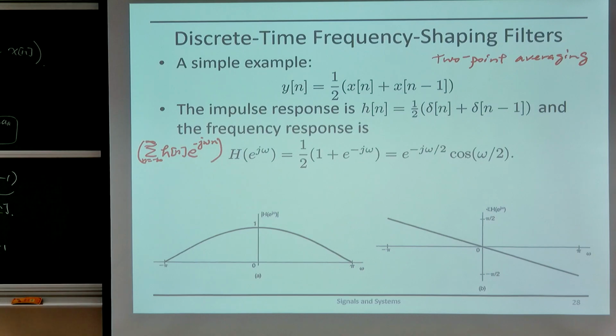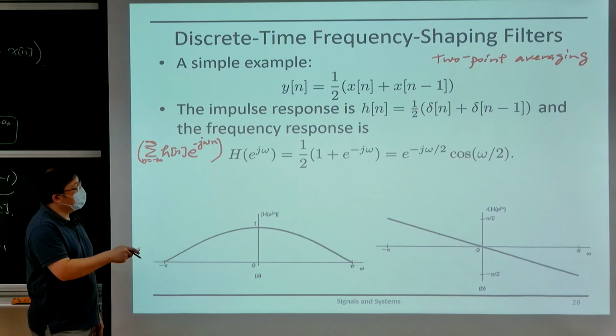So h[n] is non-zero only for two terms, n equal to 0 and n equal to 1. At n equal to 0, this is 1/2, so you have 1/2 times e to the 0, which is 1. When n is 1, you again have 1/2 times e to the minus j omega times 1. So you have 1/2 times e to the minus j omega. So this is your frequency response.